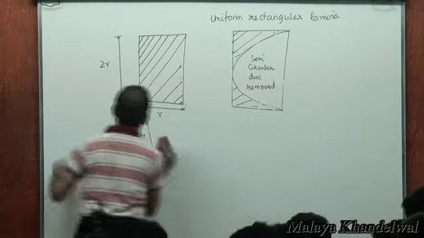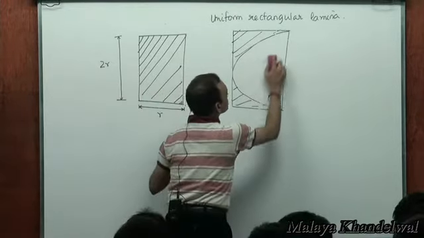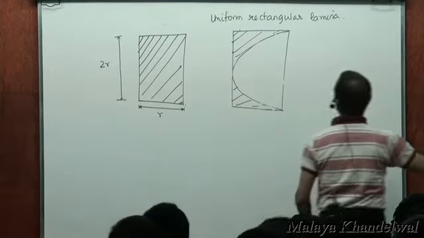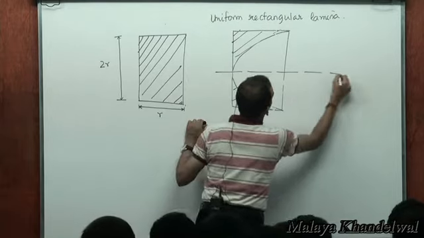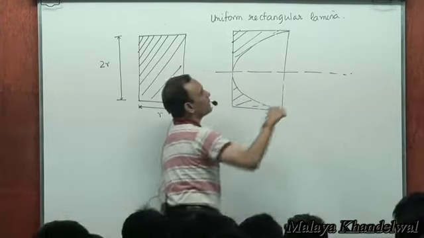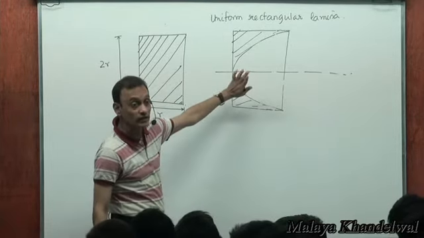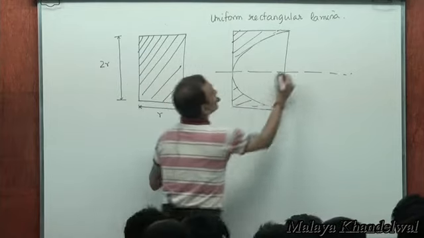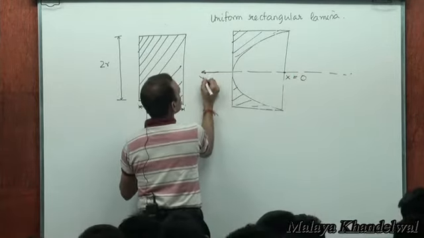Now, look again from symmetry. This is the line of symmetry even after removal. So the center of mass of the remaining portion must lie somewhere here only. Yes or no? This is say x equal to 0. Say this is the x-axis.